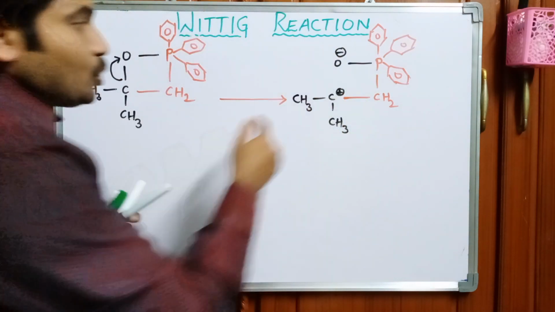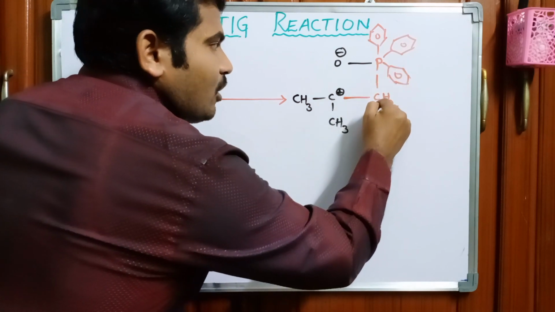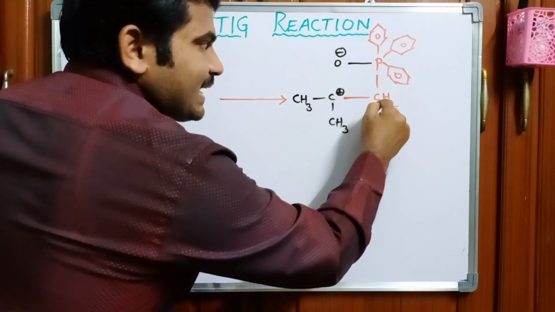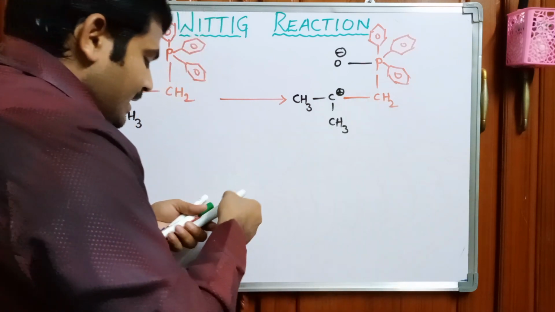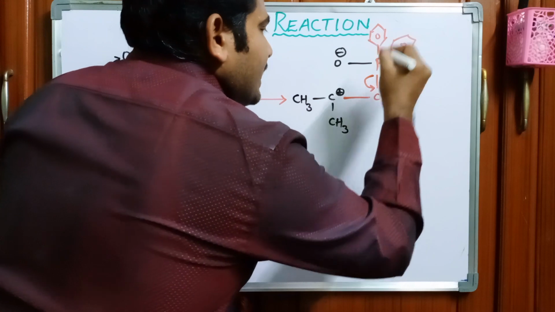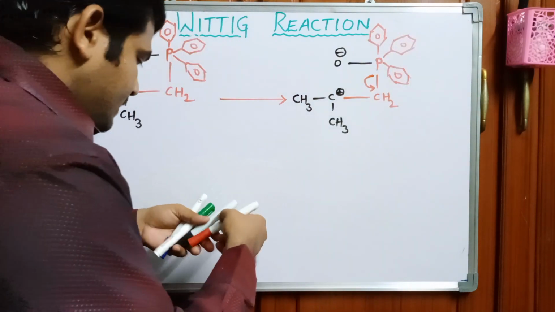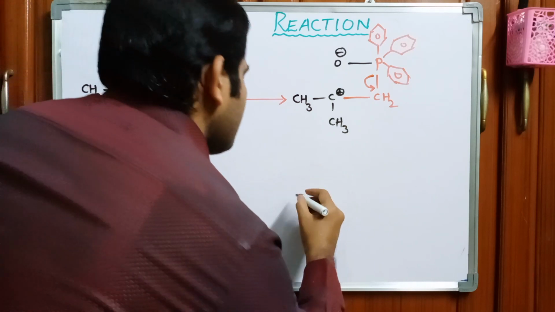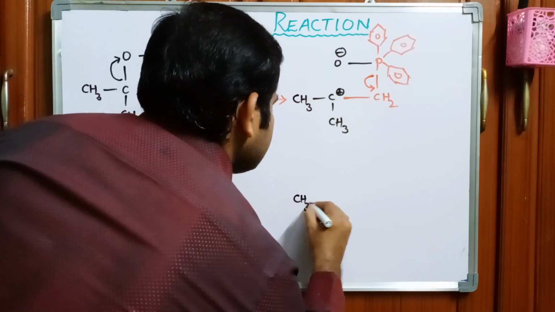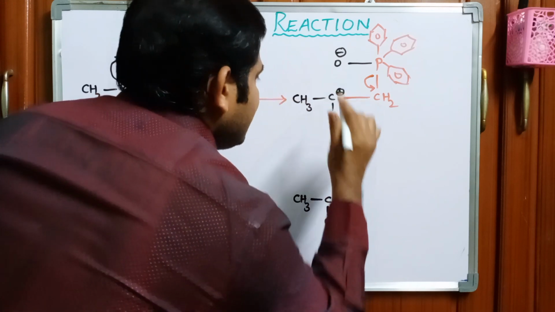Okay. Now, to compensate this positive charge, the bond between phosphorus and carbon undergoes heterolytic cleavage. Due to being more electronegative, carbon abstracts the bonded electrons to yield CH3C, another CH3. What is the charge here?